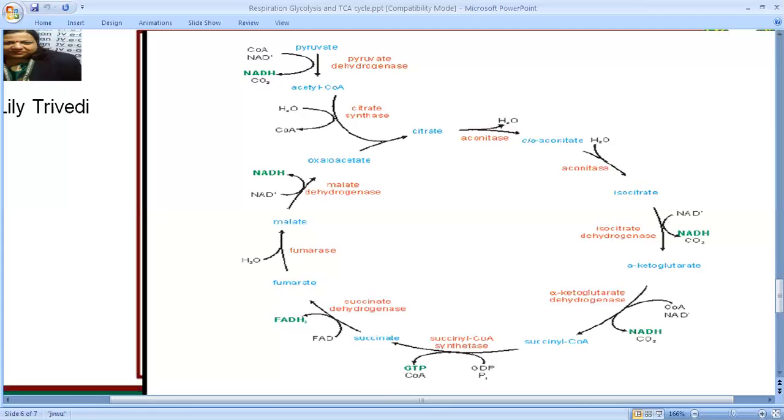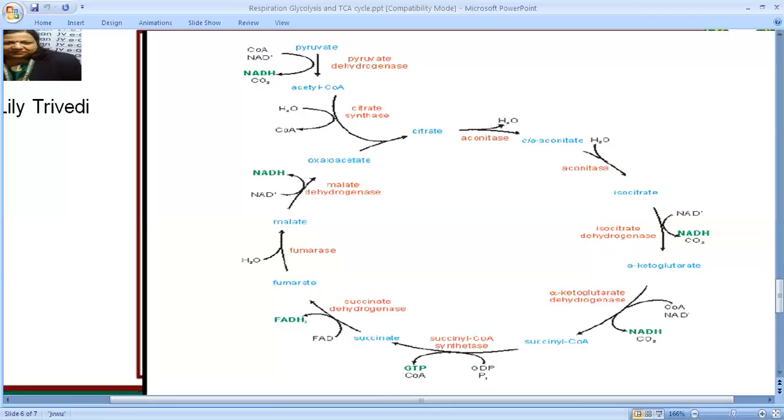Now we have succinic acid. Now what happens to this succinic acid? It is oxidized to fumaric acid in the presence of succinic dehydrogenase, and coenzyme FAD is reduced to FADH2. Now one molecule of water is added to fumaric acid in the presence of the enzyme fumarase to form malic acid.